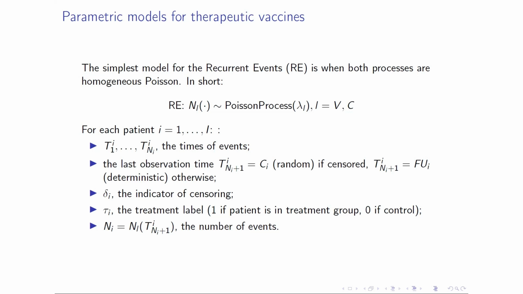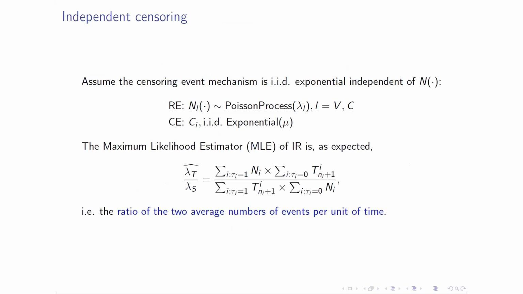Now, we struggle with this informative censoring. In the case of independent censoring, you have the usual things, just summations of counts and summations of time, the obvious thing. But in the case of informative censoring, things may change. That's what motivated GSK to sponsor the PhD by Martina.